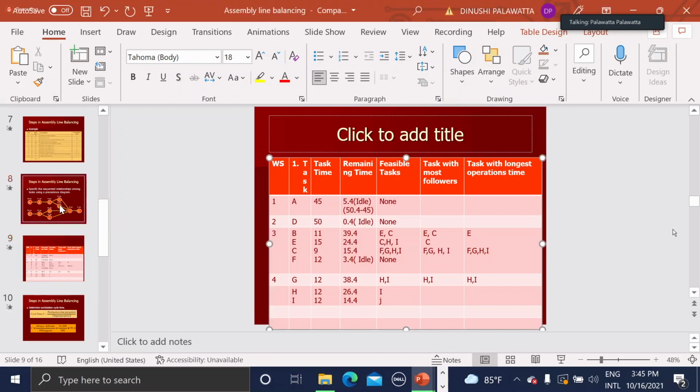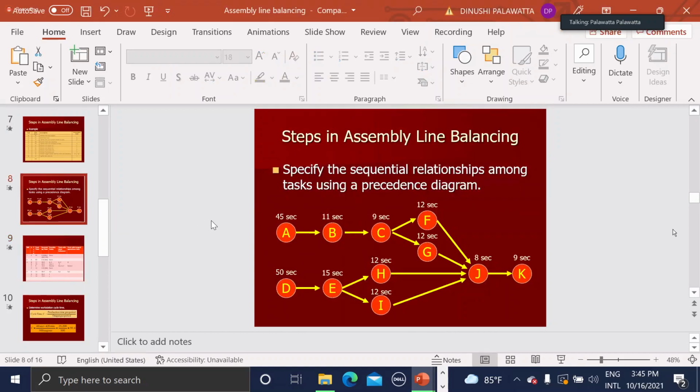You see, for the most followers, let's say C has, after C, you have F which is 1, G is 2, J is 3, K is 4. Let's take H. After H, you have J, K, so then it's 2. After E, you have H, I, J, K, 4.